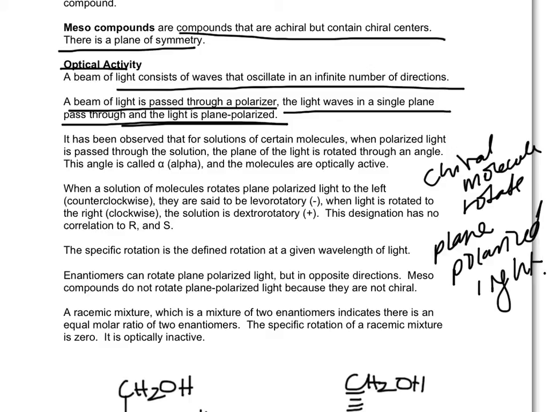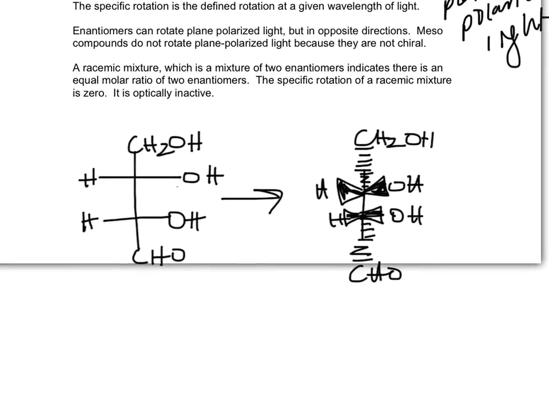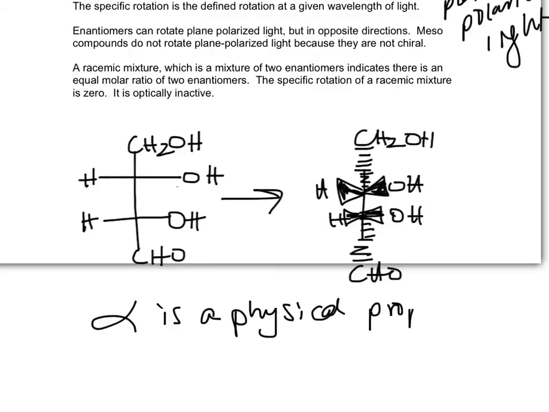Okay? The angle at which the light is rotated is called alpha. Now, alpha is a physical property.